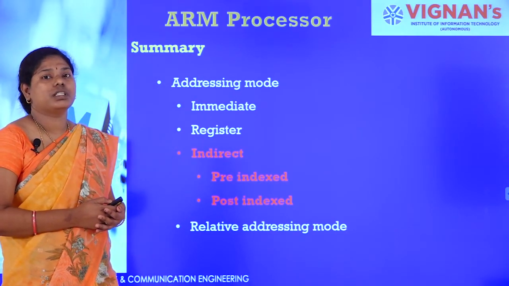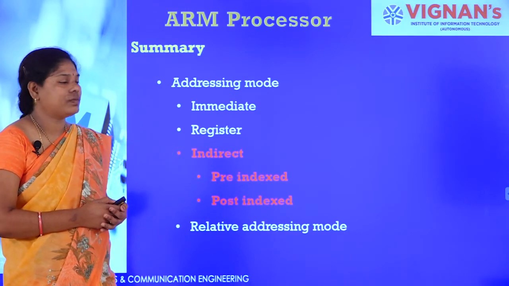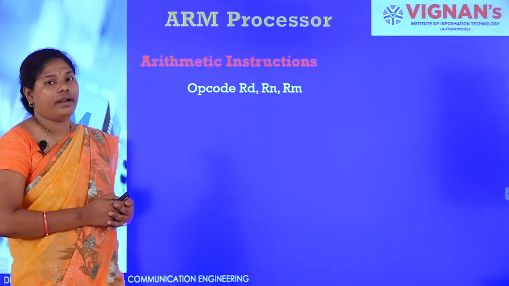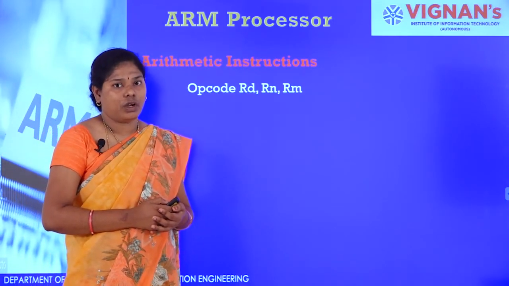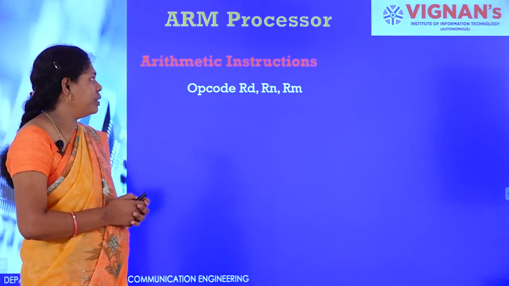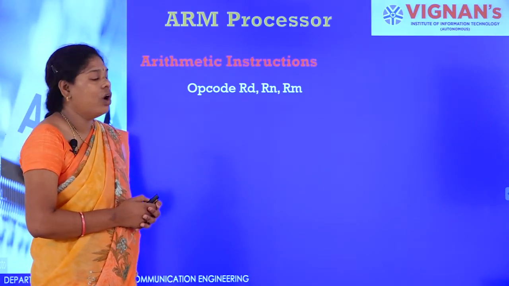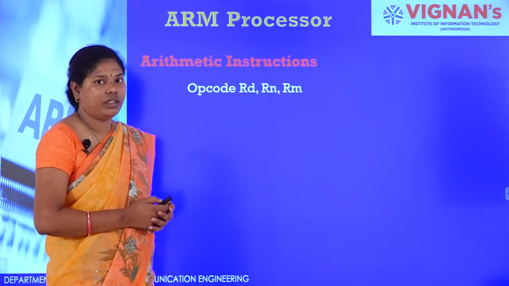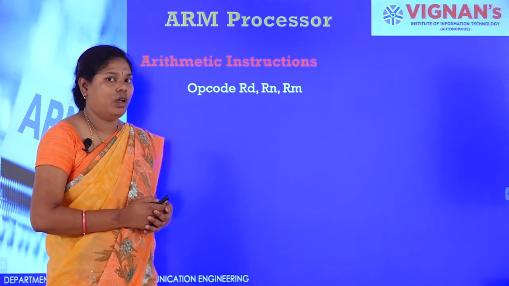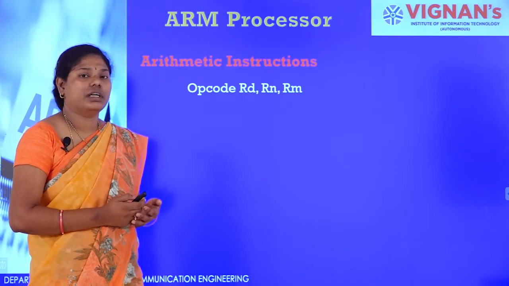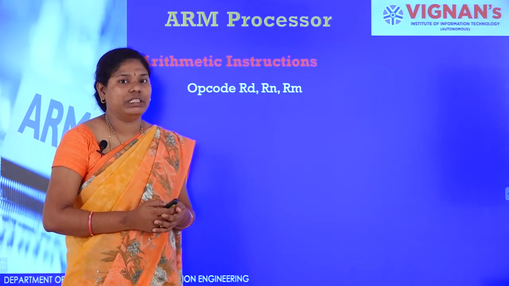Next, coming to the instructions, we have arithmetic instructions, logical instructions and branch instructions. Coming to the arithmetic instructions, we represent the instruction as opcode RD, RN, RM. Already we have seen this in addressing modes. Let us see the arithmetic instructions. Arithmetic operations are nothing but addition, subtraction, multiplication.